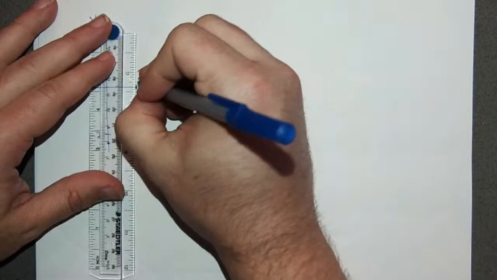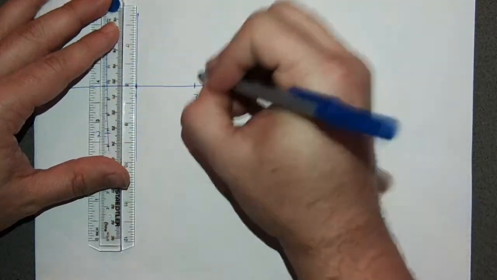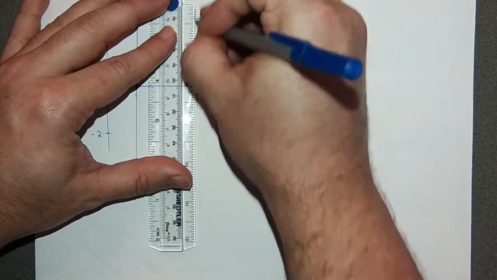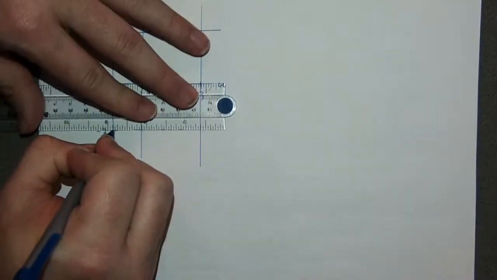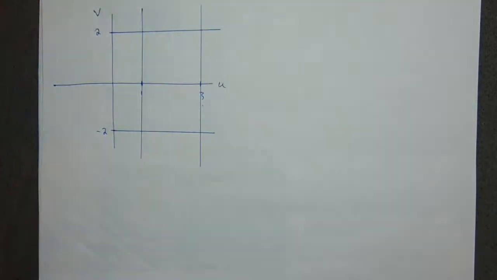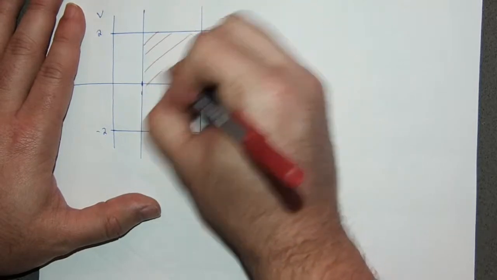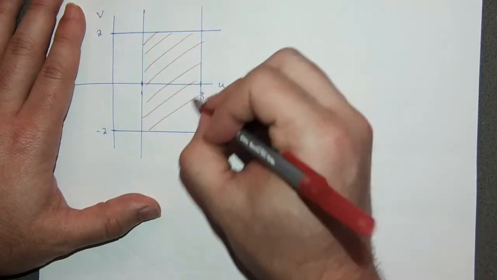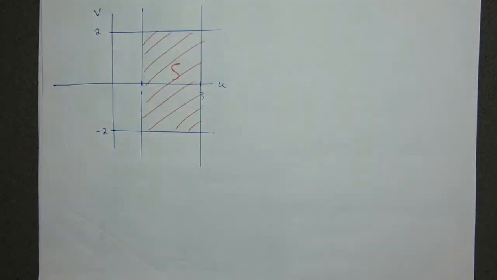And so what is this? So I have vertical line, vertical line, and horizontal lines, so that this region, this rectangular region, is my S. Okay.